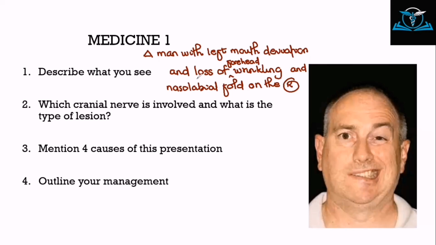Mention that there is loss of forehead wrinkling on the right, which distinguishes between the two types of lesions, isn't it? Please, anybody with any concerns? Give me an answer. Let's move on. Anybody? Okay.